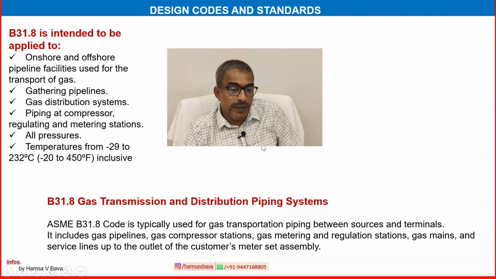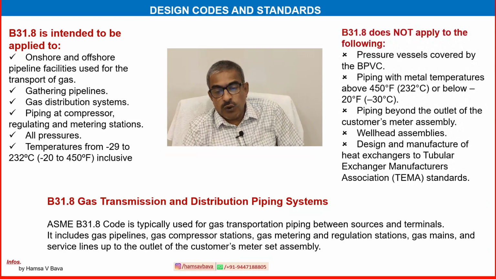B31.8 is intended to be applied to onshore and offshore pipeline facilities used for the transport of gas, gathering pipelines, gas distribution systems, and piping at compressor, regulating and metering stations. All pressures, with temperatures ranging from -29 to 232 degrees C inclusive.